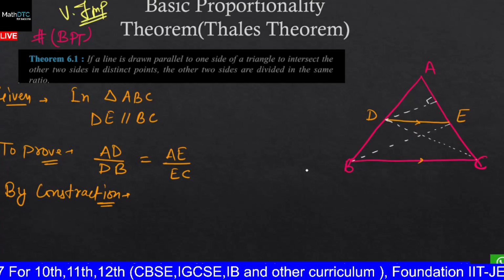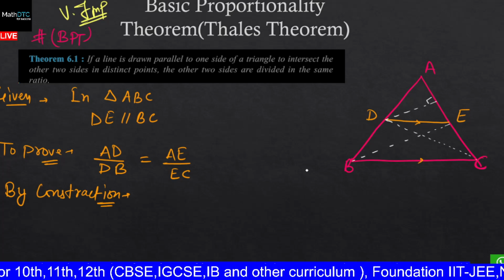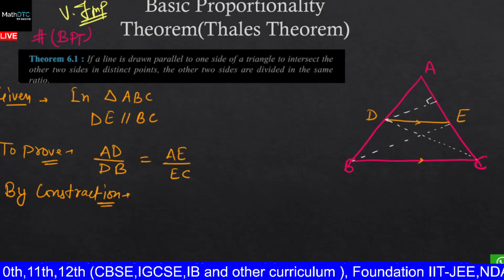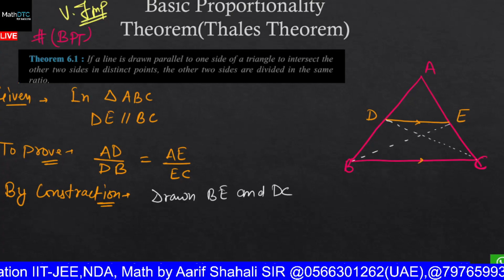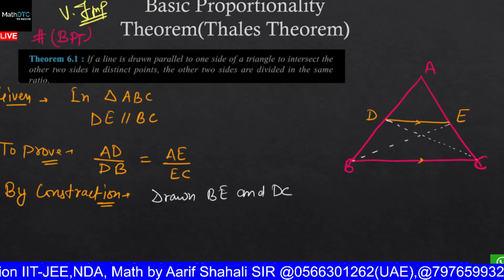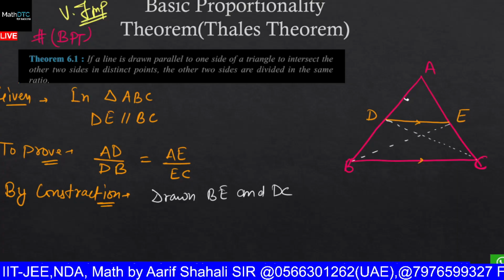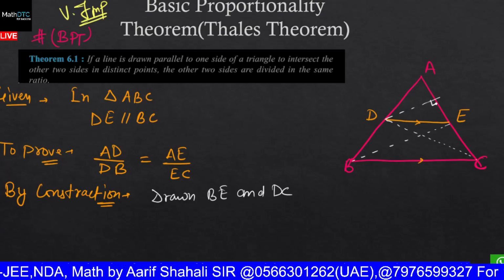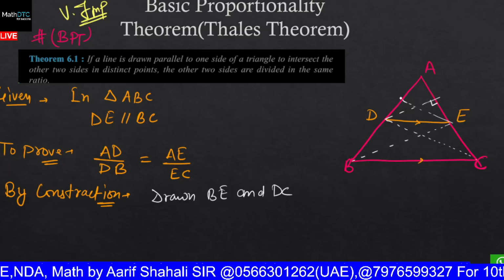And one more thing, I have to draw a perpendicular like this. I told you that we have to draw a perpendicular from D on AE, and one more perpendicular from here.